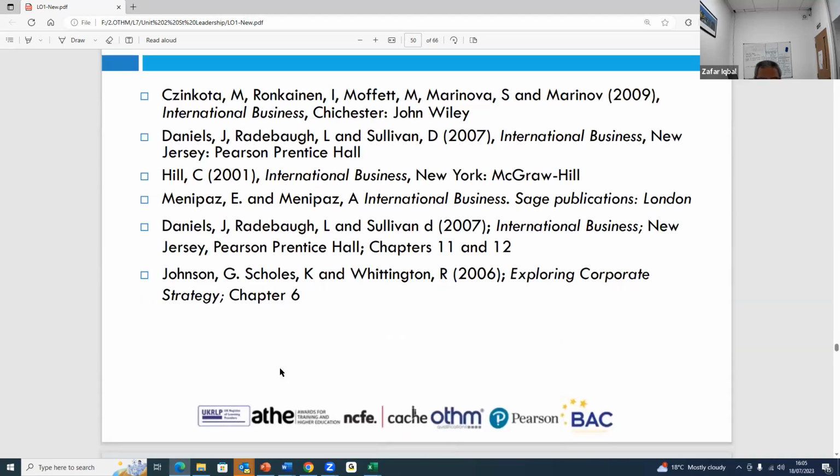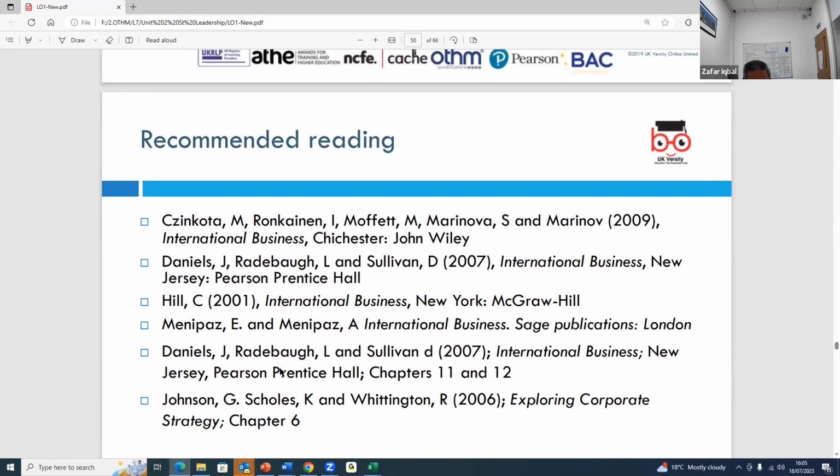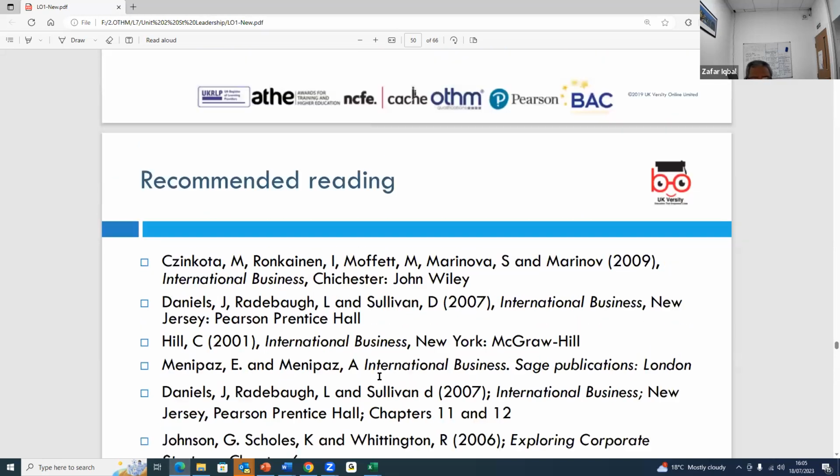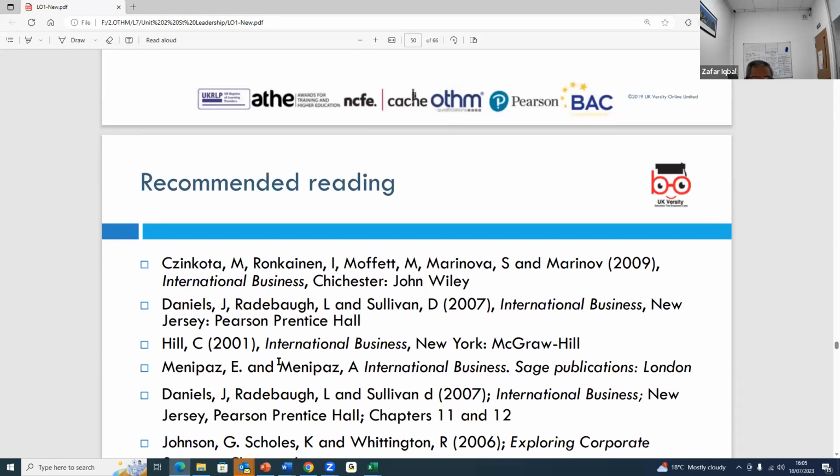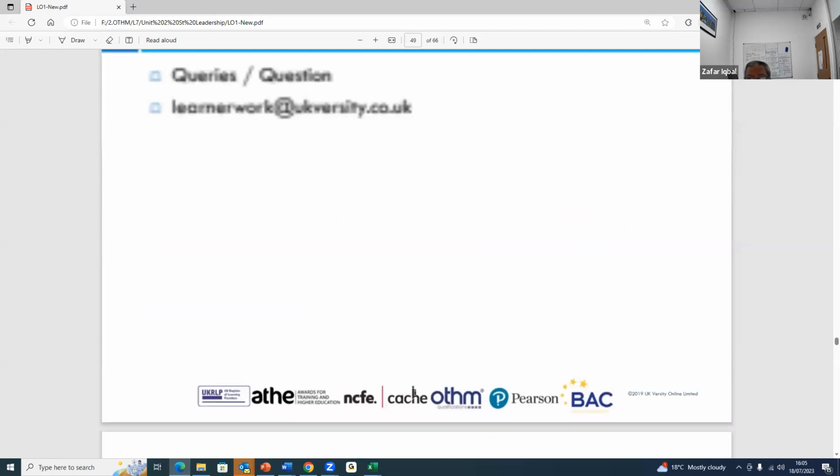There are books regarding international business. There's a book by Daniel, Radebaugh, and Sullivan, which looks at international business relationships and so on. There are other books that you can explore, and make sure that you are familiar with some of these theories for your assignment.